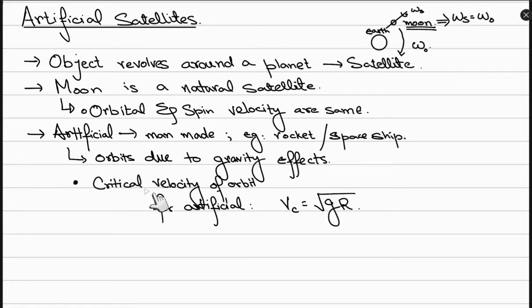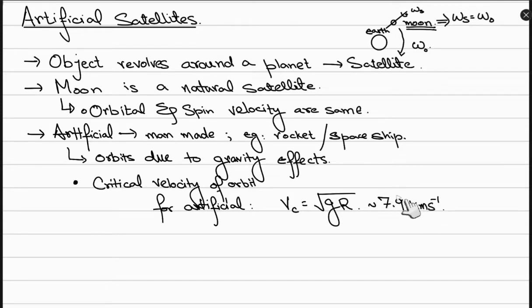Remember, from the previous lecture, we can compute the critical velocity of the orbit. For an artificial satellite, the critical velocity is given by Vc equal to square root of g r. If I put in the radius of the Earth, if I want to send my artificial satellite in the orbit of Earth, then we would have the radius of the Earth and the acceleration of gravity due to the Earth. And this would give you roughly 7.9 kilometers per second.